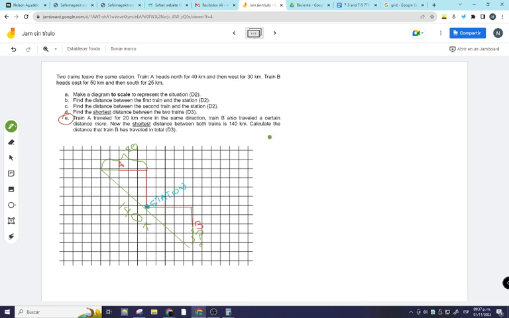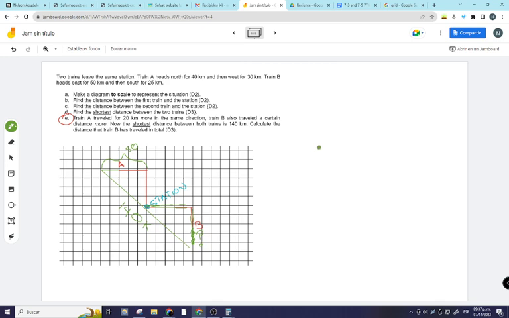And we are being asked to calculate the distance that train B has traveled in total. So train B has traveled this and this. So this is a multiple step problem. Because knowing that, we need to find the missing distance that B traveled more. Okay? So let's do it.